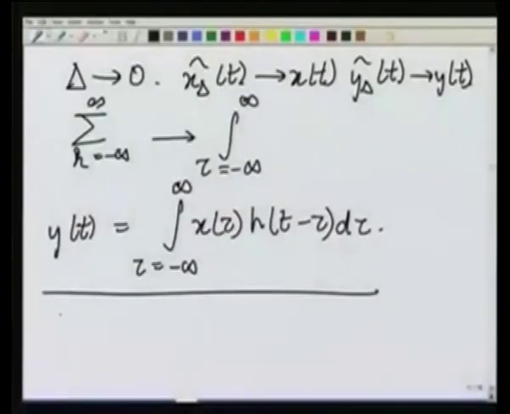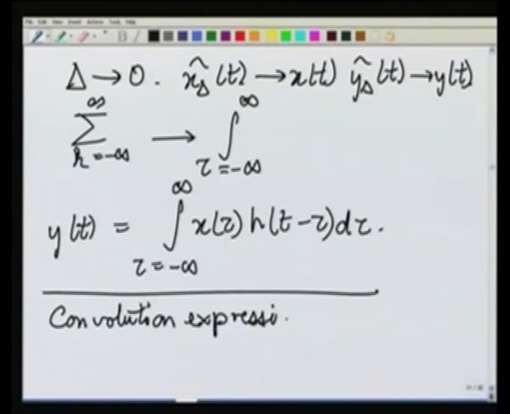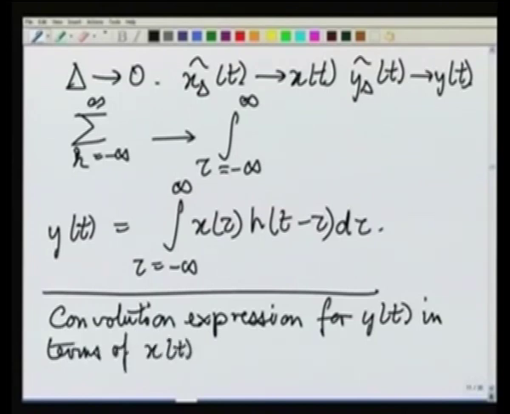This is the convolution expression for the output of an LTI system in terms of the input and the impulse response, in terms of x t and h t.